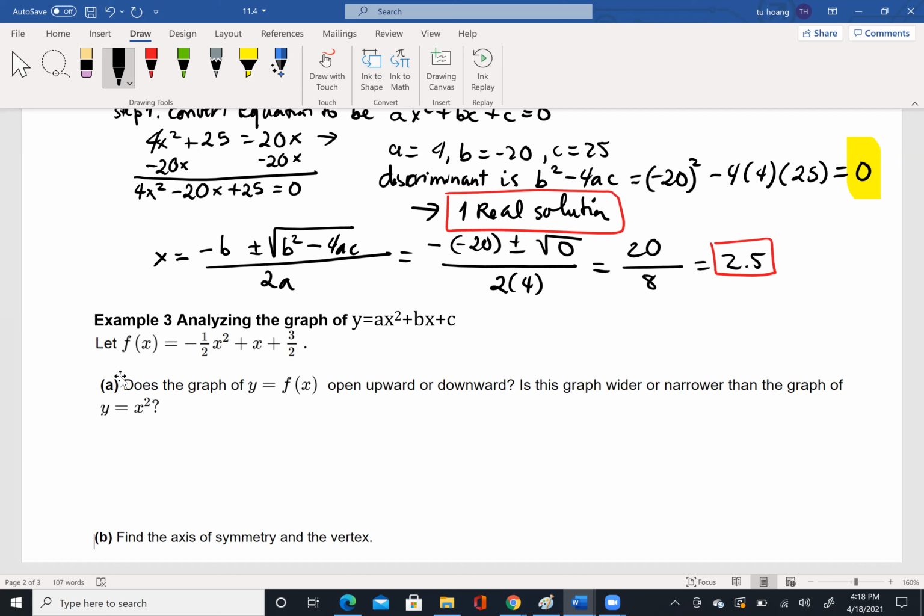In this question, we just consider a. Here I list out a equal to negative 1/2, b equal to 1, and c equal to 3/2.